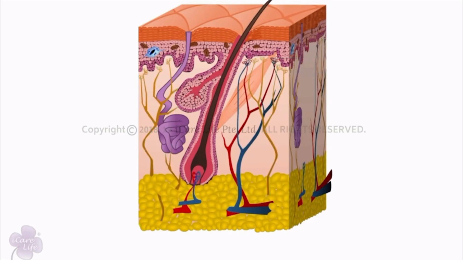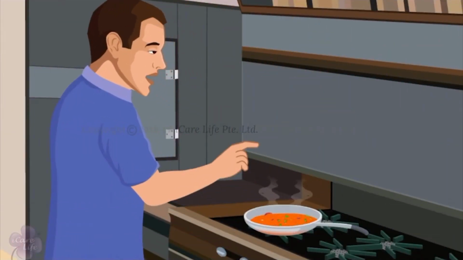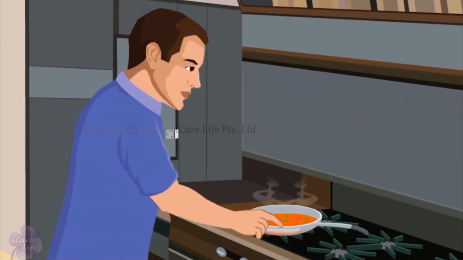The subcutaneous layer of the skin is mostly made of fat. This layer absorbs shocks, helps the body stay warm, and holds the skin to the muscles and tissues below. Now let us look at how we feel something we touch.